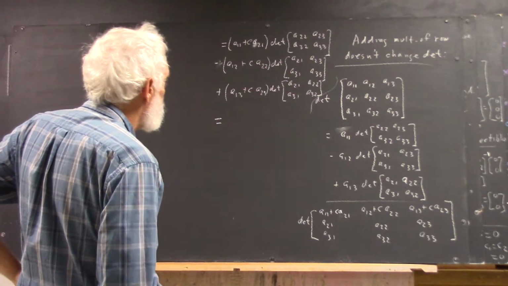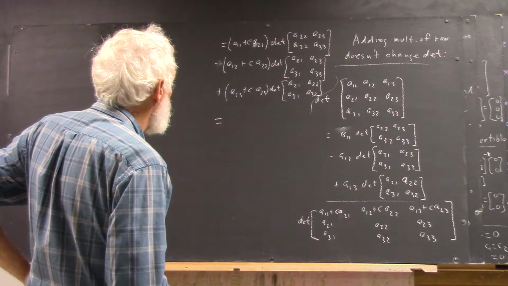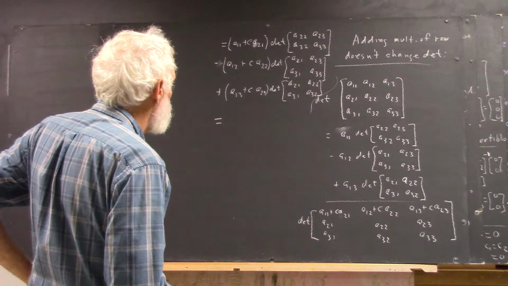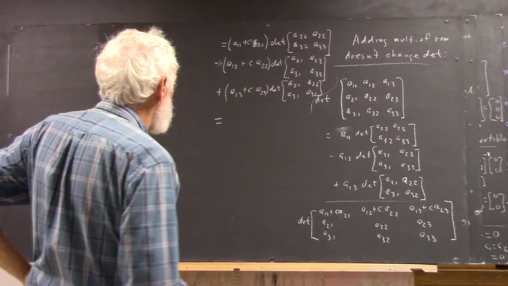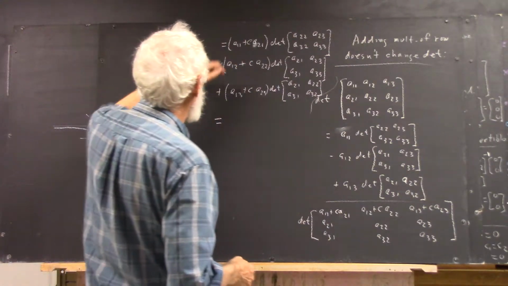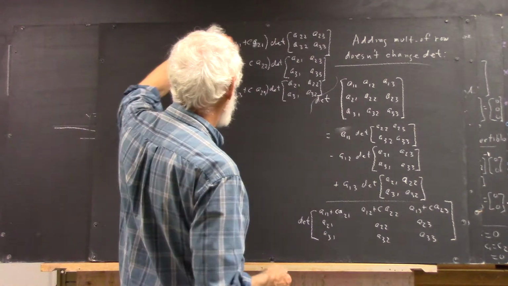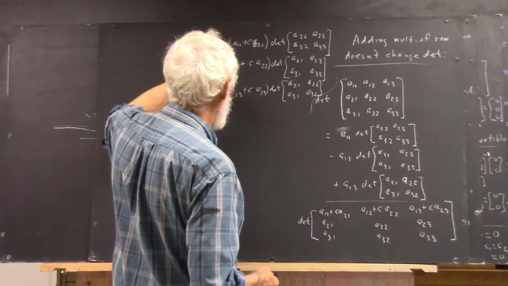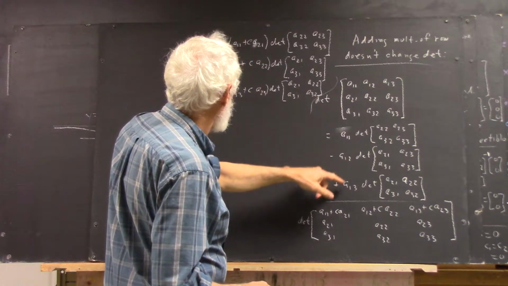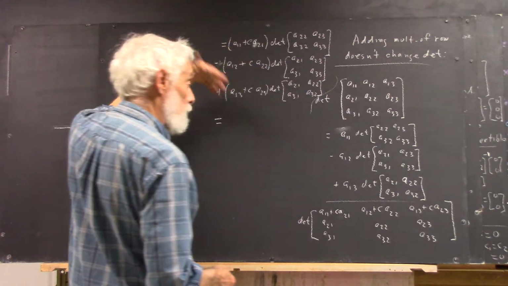Okay, well, there's a more elegant way to do this. I might have been better off doing that. Okay, A11 times this determinant, A12 times this determinant, A13 times this determinant is just what we wrote out here, the minus one, the A12.